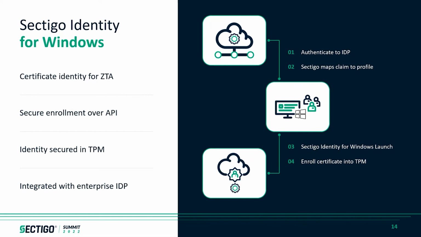This allows them to fully control how they want the onboarding process to evolve. And once that's complete, we add the user to our platform, and using our Sectigo security client for Windows, we're then able to enroll the identity into the user's certificate store on the machine, and we enforce the use of TPM for key generation so that you know the key cannot be exported to another machine. This is particularly important when you don't control the machine.